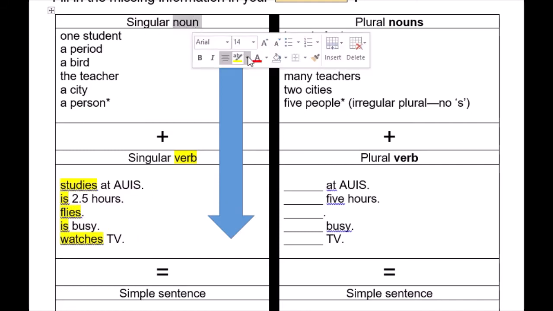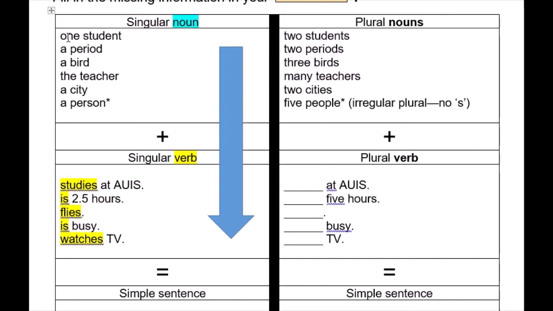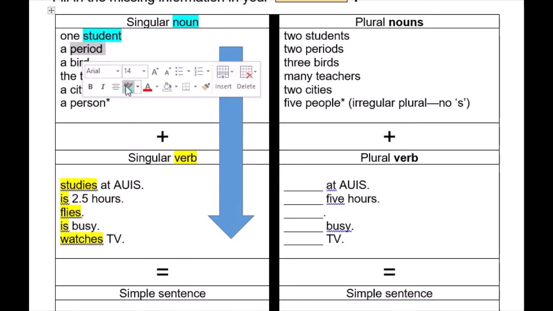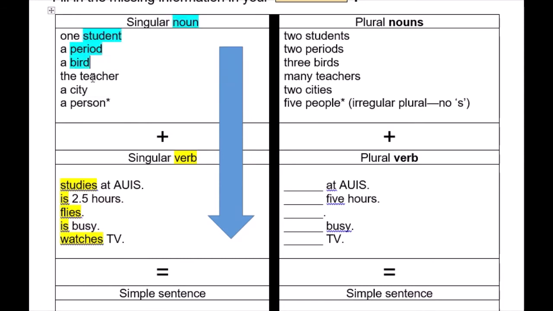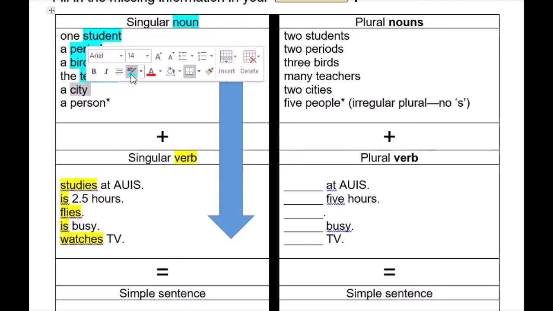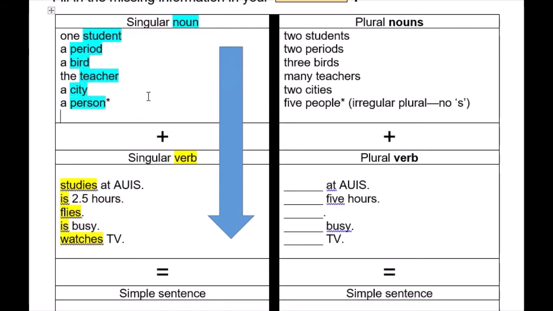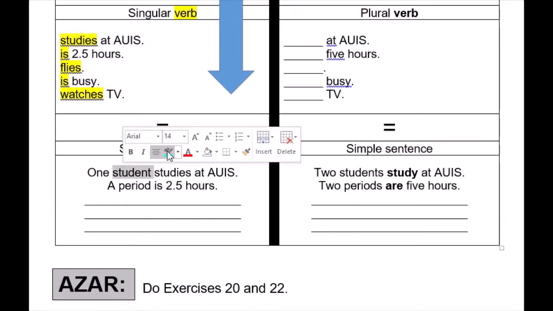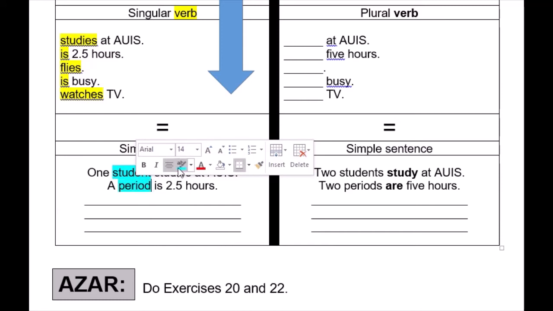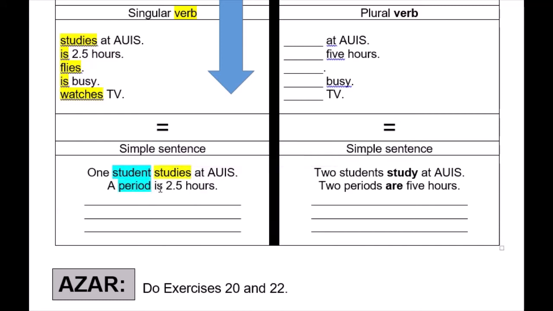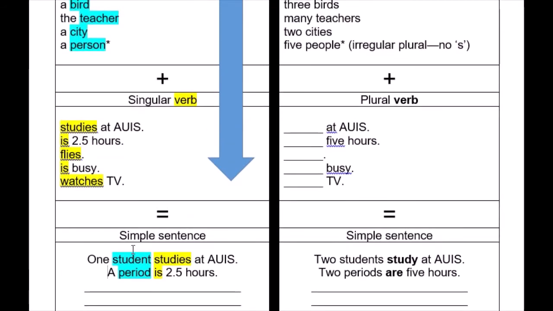But the nouns, I'm going to put these as blue, okay? And we will put the nouns blue. All right, so these are for singular nouns. They go with singular verbs. And here are examples. I want you to write the sentences for the singular nouns, and they have to agree with the verb, okay?